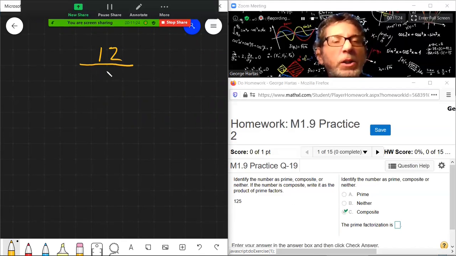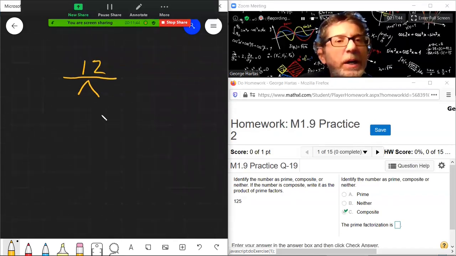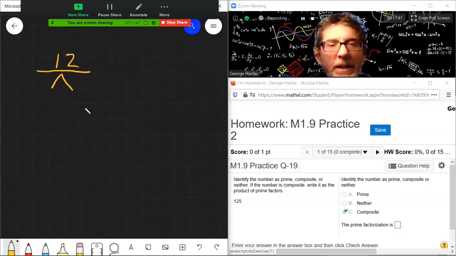So we have to determine the factors of 12, but not 1 times 12, because it does not help us. We need other factors besides 1 times 12. Well, we have a couple of choices: we can go with 6 times 2 or 4 times 3. It doesn't matter, actually. You're going to get the same answer as a result.